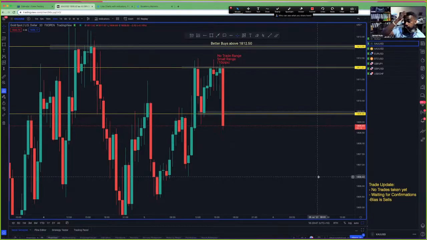Okay, I want price to potentially come out to retest 1809.40. Definitely retest that level.